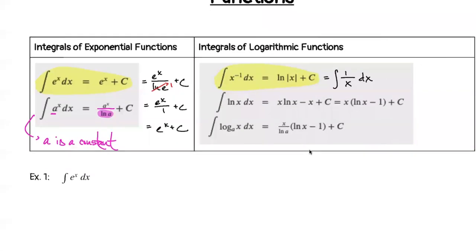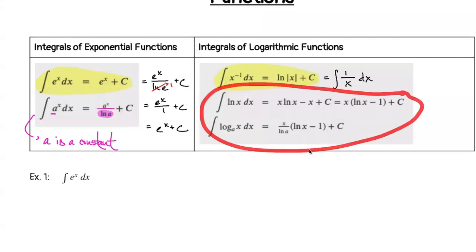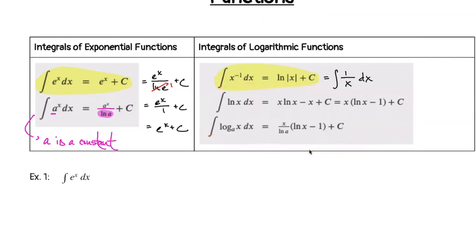Now I threw these other rules in here just because I think it's good to see that when we're taking the integral of natural log or a regular log with some other base, we don't get 1 over x. We cannot just switch these two.